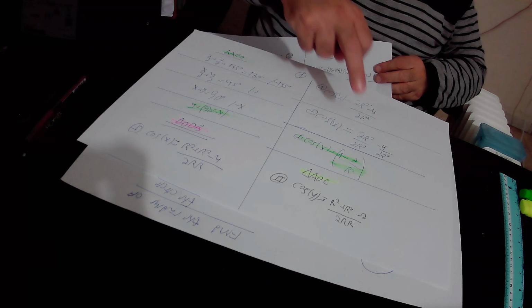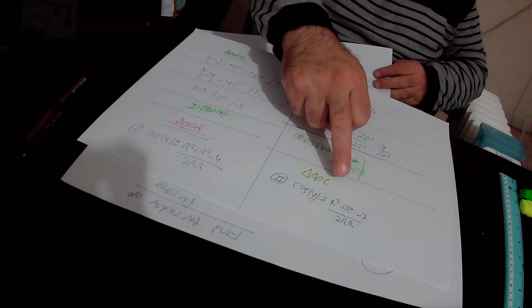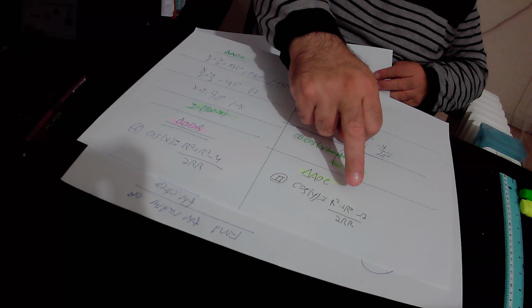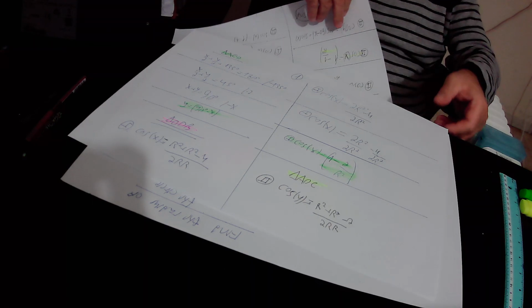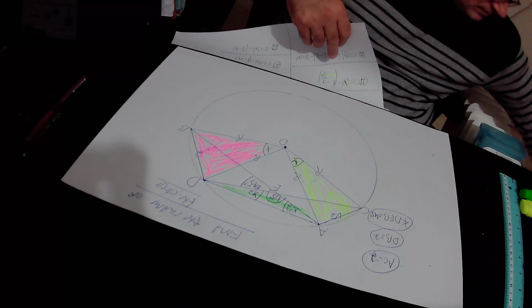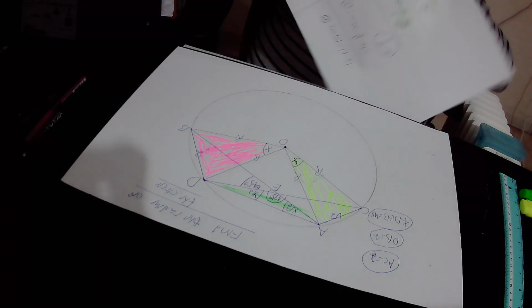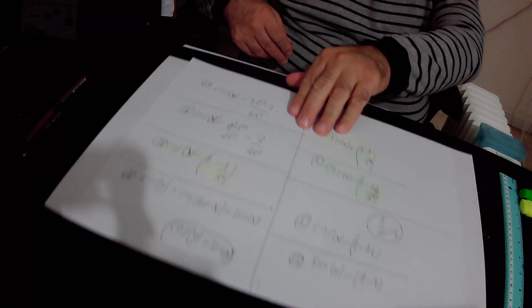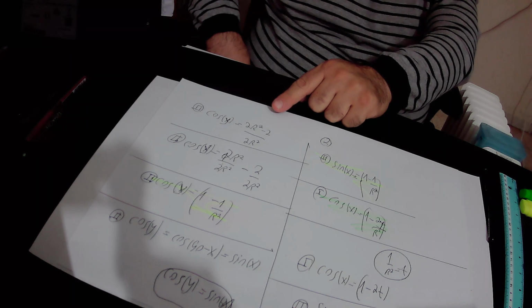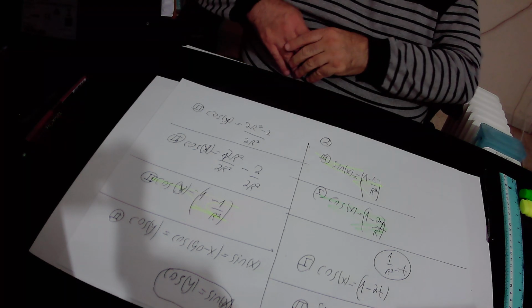Cosine y equals 2r squared minus 2 over 2r squared.